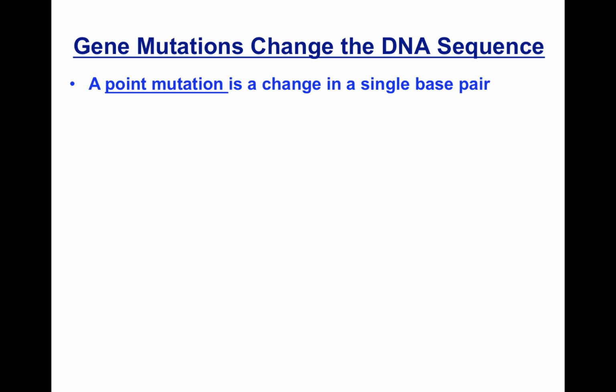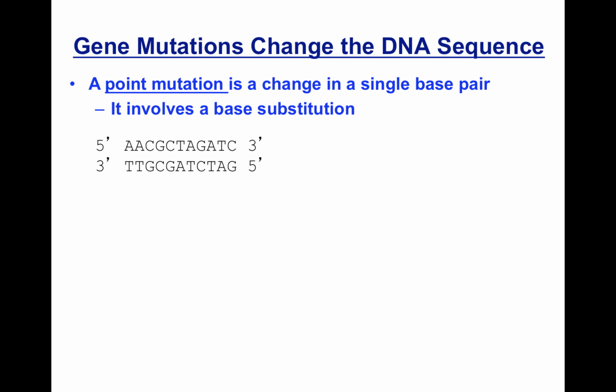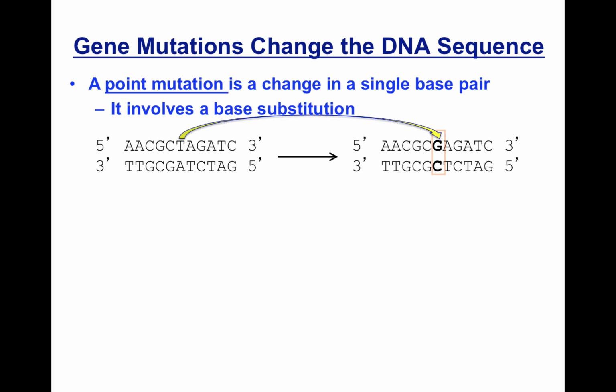A point mutation is a change in a single base pair. It involves a base substitution. Here we have a sequence of nucleotides, and we're going to take a look specifically at this T right here. When we change a nucleotide to a different nucleotide, that's a point mutation.